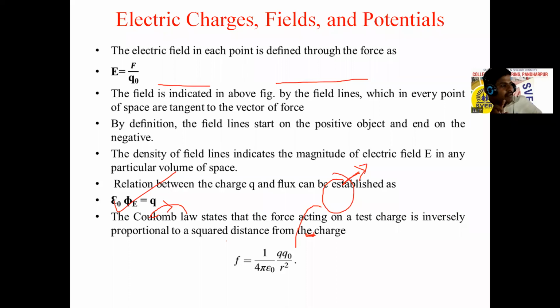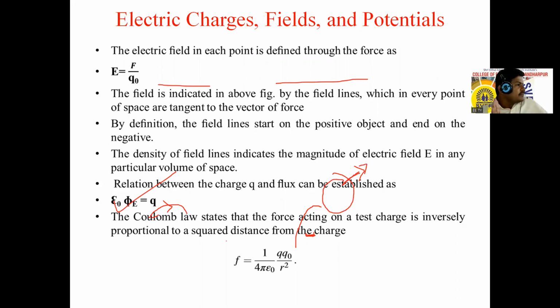That means force F equals charge q0, the test charge and the charged object, divided by r square. It is directly proportional to 1 upon r square. So we put some constant. F equals 1 upon 4 pi epsilon 0 q into q0 divided by r square.